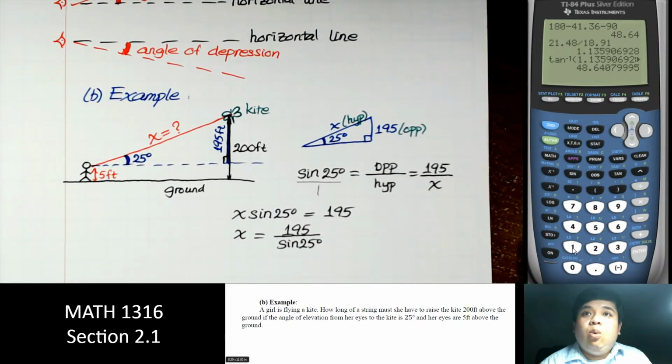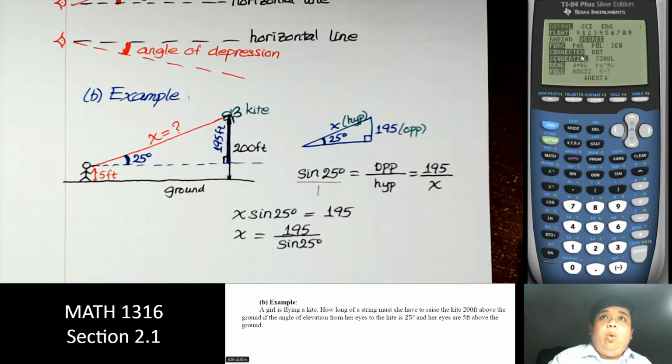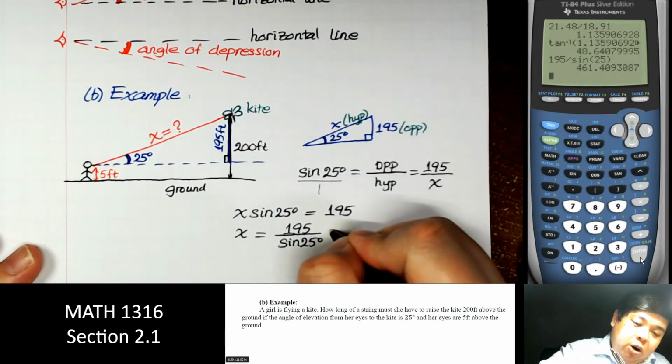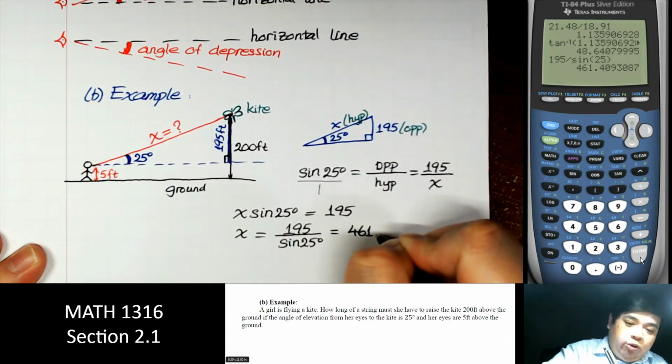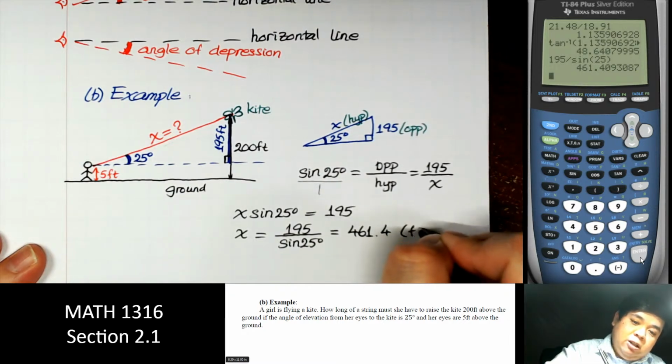So 195 divided by sine of 25 degrees. We've been using this calculator in degree mode, which we set up already, so it should be fine. So it will be 461.4. The length of the string should be 461.4 feet.